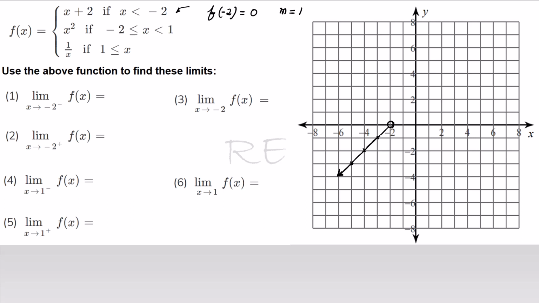Second portion of the graph, x is between -2 and 1, with -2 included and 1 not included. And f of -2 is 4. So f of -2 is 4. We fill in the circle.